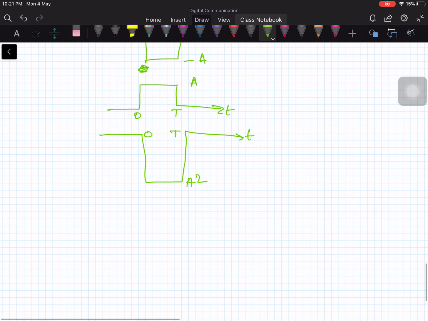Now you do the integration, then what will happen? It starts 0, 0, 0, and then negativity grows like this and maintains. So if you sample the point, this is the sampled value.